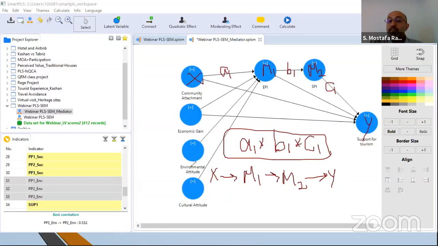For development of this type of hypothesis, this is a very complex hypothesis, right? For this hypothesis, you need support from literature and theory to justify effect of X to Y, X to M1, M1 to M2, and M2 to Y.